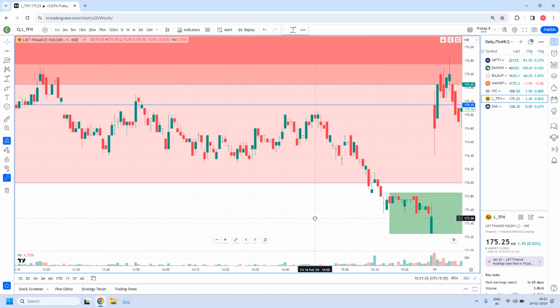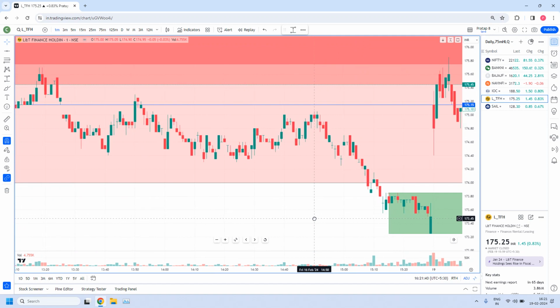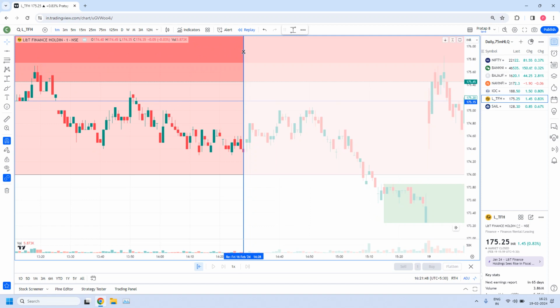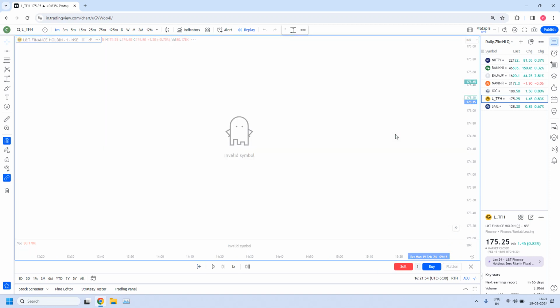See here, let me show you candle by candle. Let me use the replay bar in TradingView. Something is wrong.